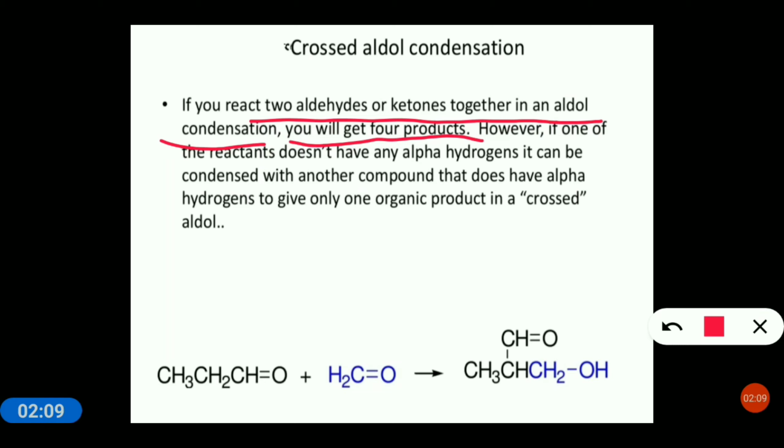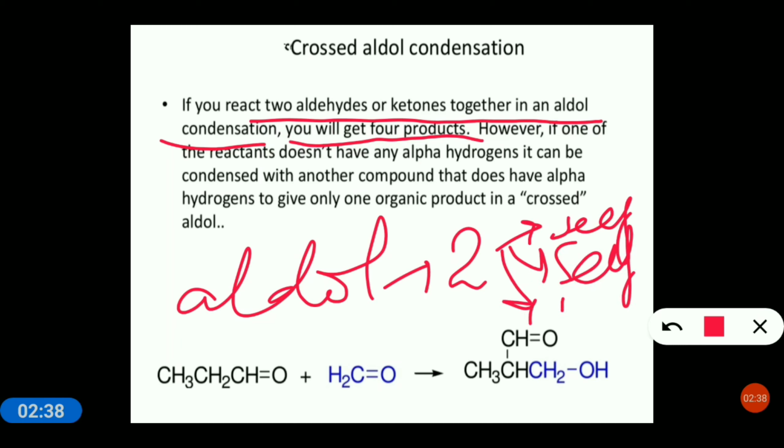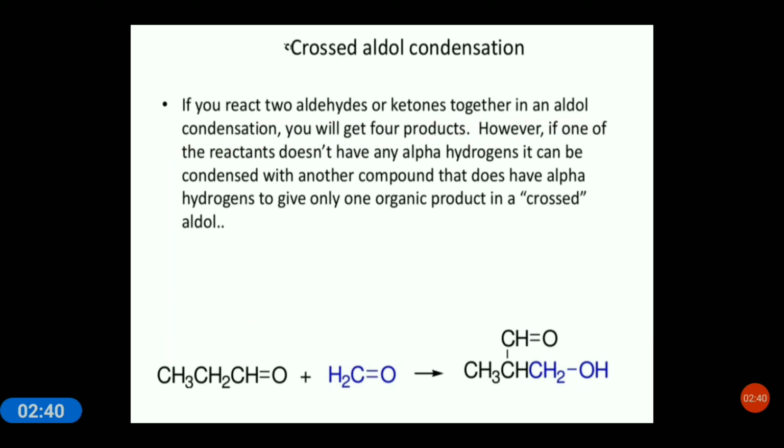For example, if one of the reactants does not have any alpha hydrogen, it can be condensed with another compound that does have alpha hydrogen to give only one organic product in a crossed aldol. So in a normal aldol condensation, if two different reactants are there, then there will be self aldol of the two and there will be two products by the cross aldol condensation.